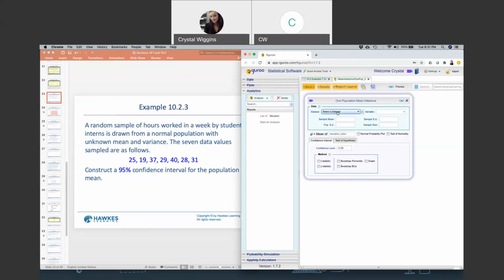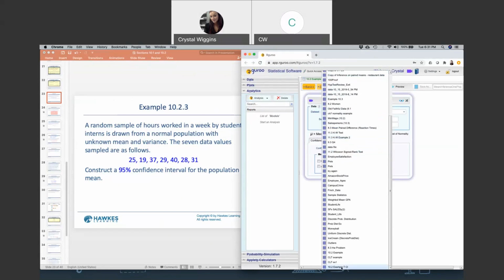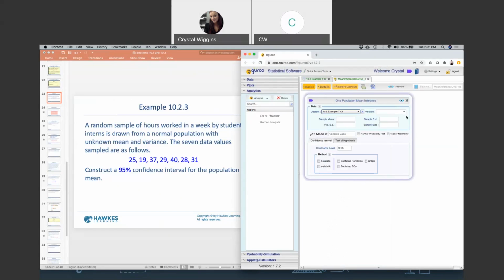This time we're going to select a data set, and you have to select the variable. Now notice the sample mean, sample standard deviation, and the count, the sample size, are automatically calculated based on the values in the data set. And your mean is already going to be labeled based on what you labeled the variable.